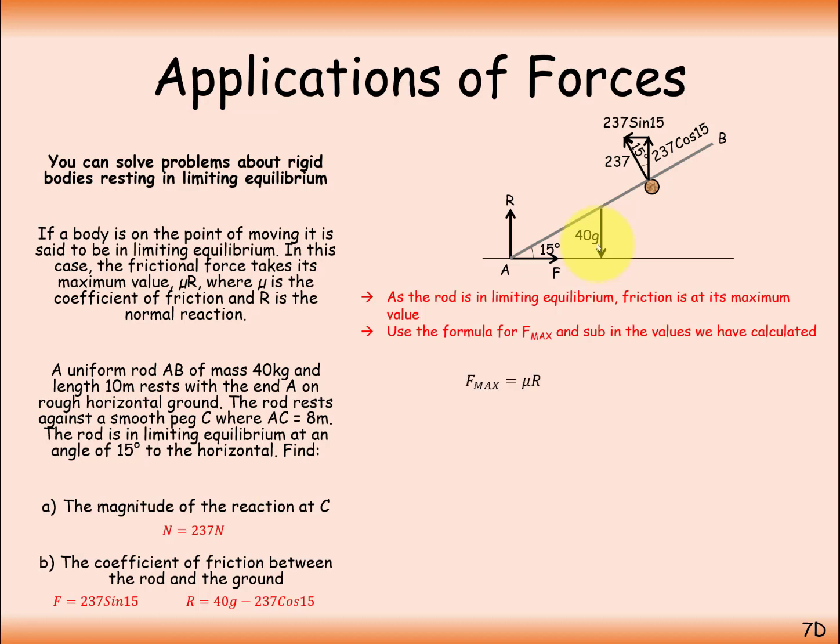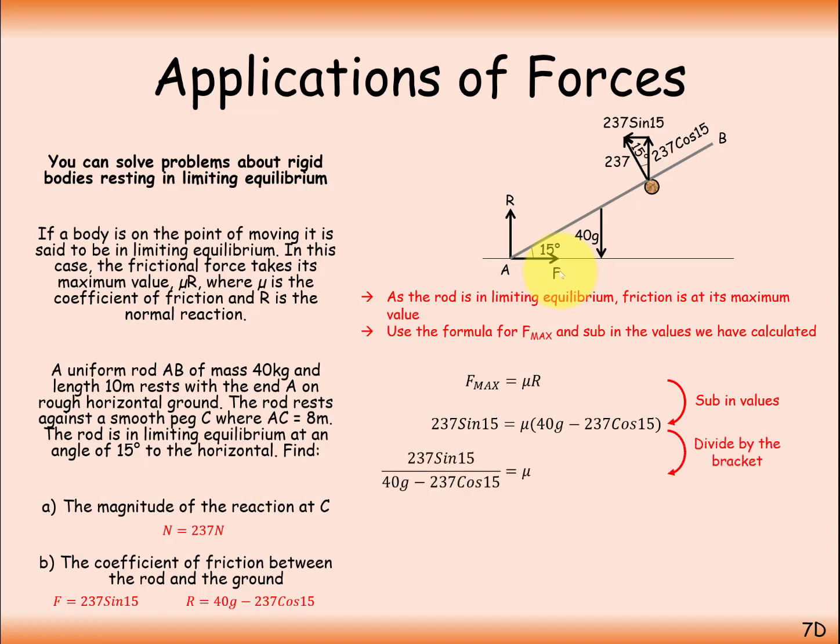We have R now, and we have F, which is the friction that we mentioned at the start. That's your F. And we just divide out by the bracket and we get mu equals 0.37.